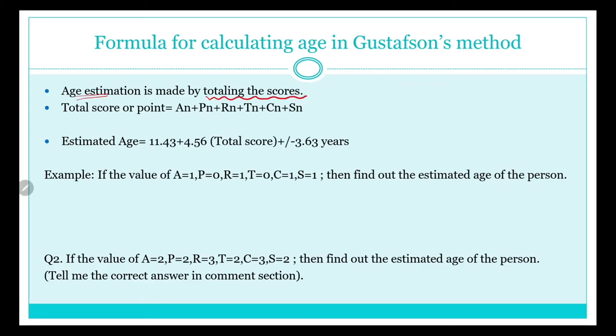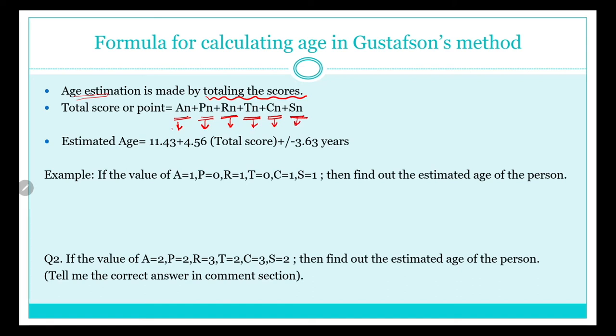Total score is calculated as: A score plus P score plus R score plus T score plus C score plus N score, that is atresion score, periodontitis score, root resorption score, transparency of root score, cementum apposition score, and secondary dentine score.